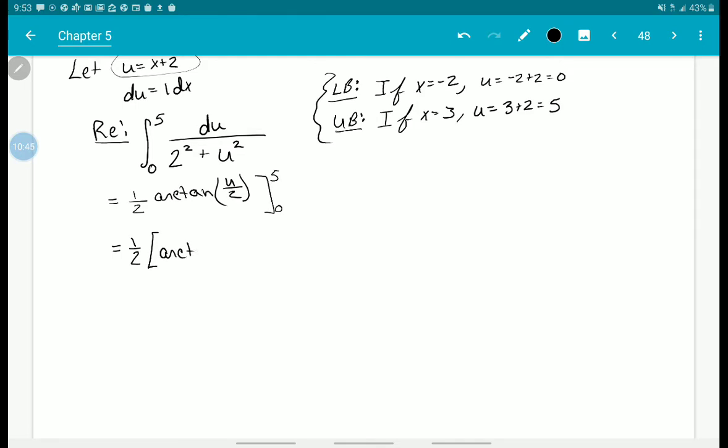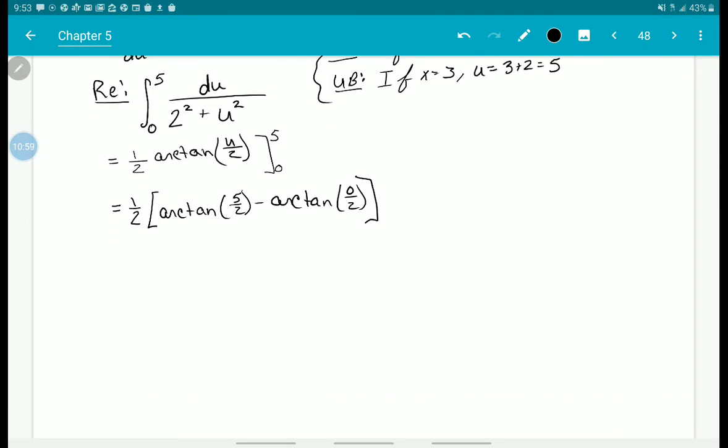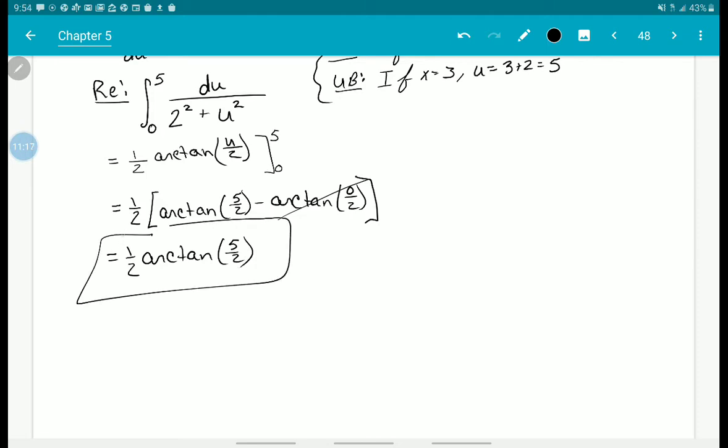So we have arctan of 5 over 2 minus arctan of 0 over 2. Arctan of 0 over 2 is going to be 0. So this is going to be 1/2 arctan of 5/2. So there's our exact answer.